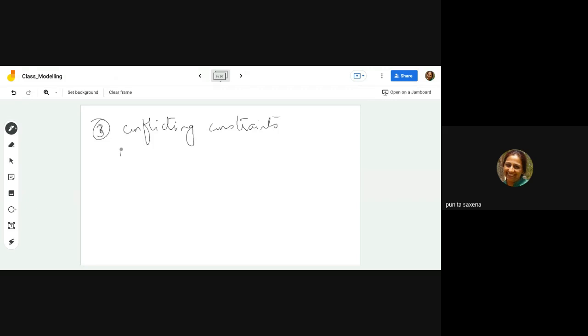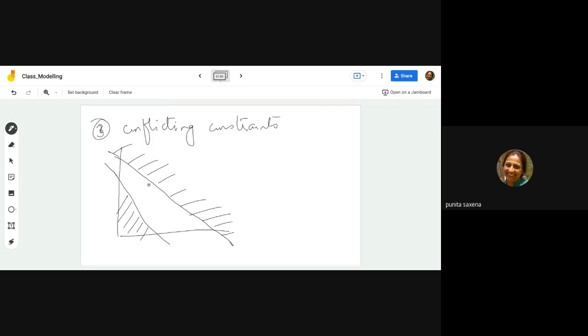When you plot a feasible region, I'm just giving you one hypothetical example. Maybe this is one constraint that you get, and this is the feasible region for it. And this is the second constraint you get. They are not parallel lines, mind you. And the feasible region is this for it.